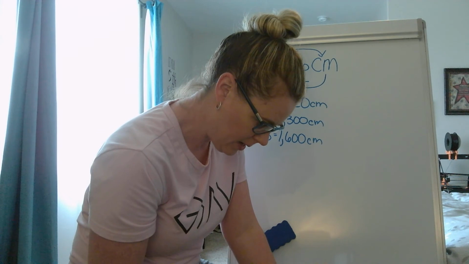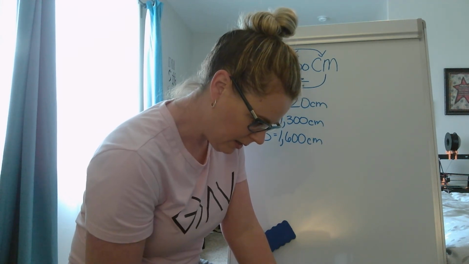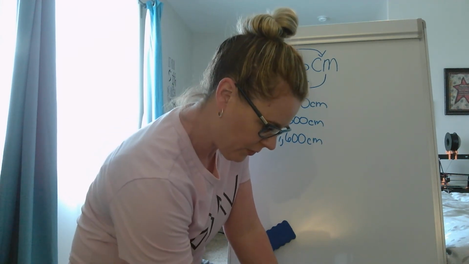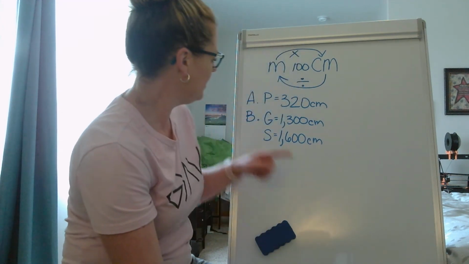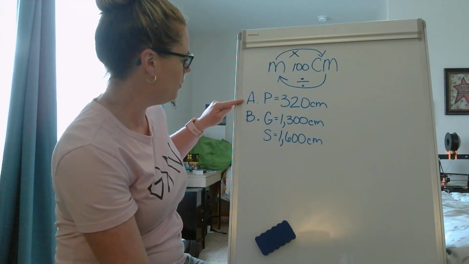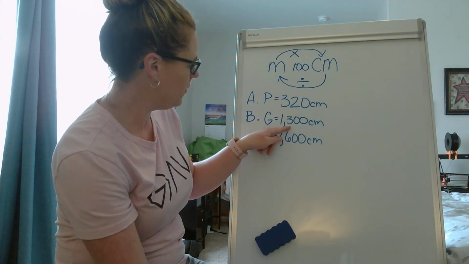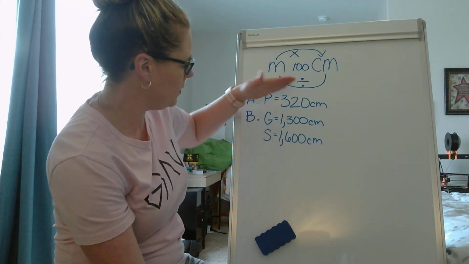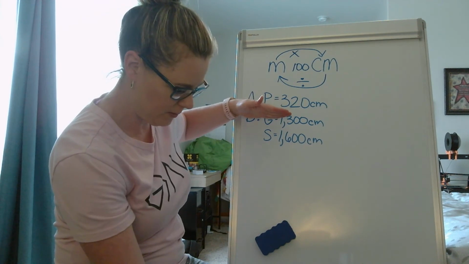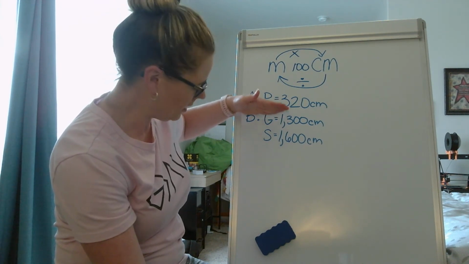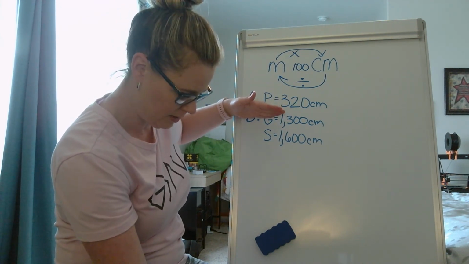Gold and silver. How many boxes? Well, how many did it take for each box? Okay, our perimeter is 320. So we need to find out how many 320s we can get out of each one of these. Okay, so this is our gold border.